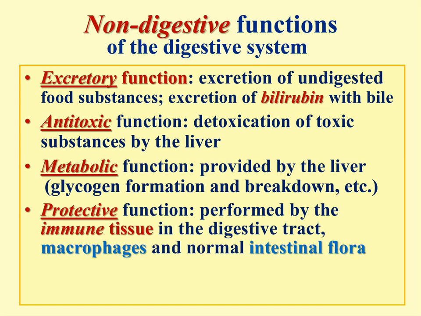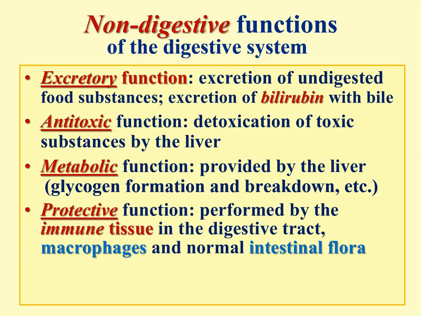Then protective function. This is function that is provided by many components. Consists of such components like, first, maybe number one is presence of big parts of the immune tissue in the digestive tract. Then also mucosa of the digestive tract contains numerous macrophages, and not only mucosa of digestive tract, but for example liver. Liver macrophages, Kupffer cells, are very powerful macrophages.